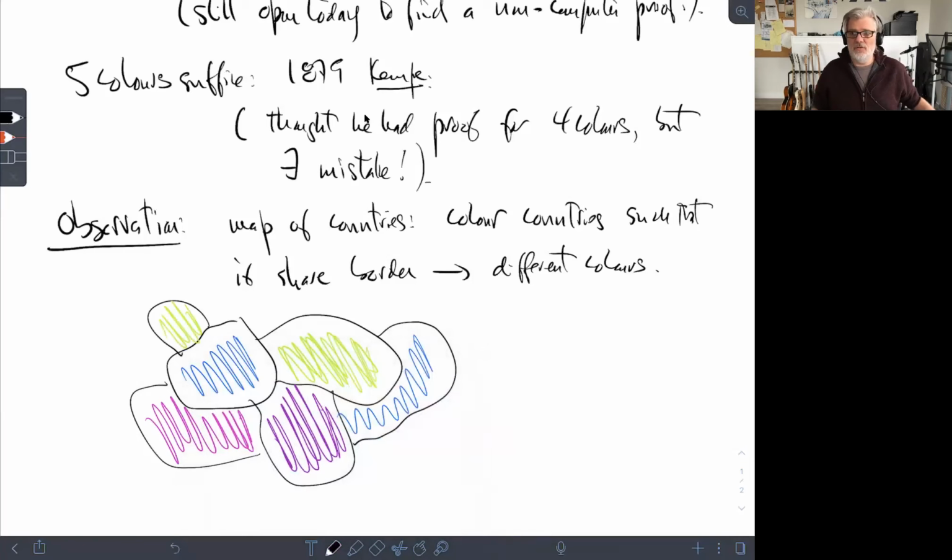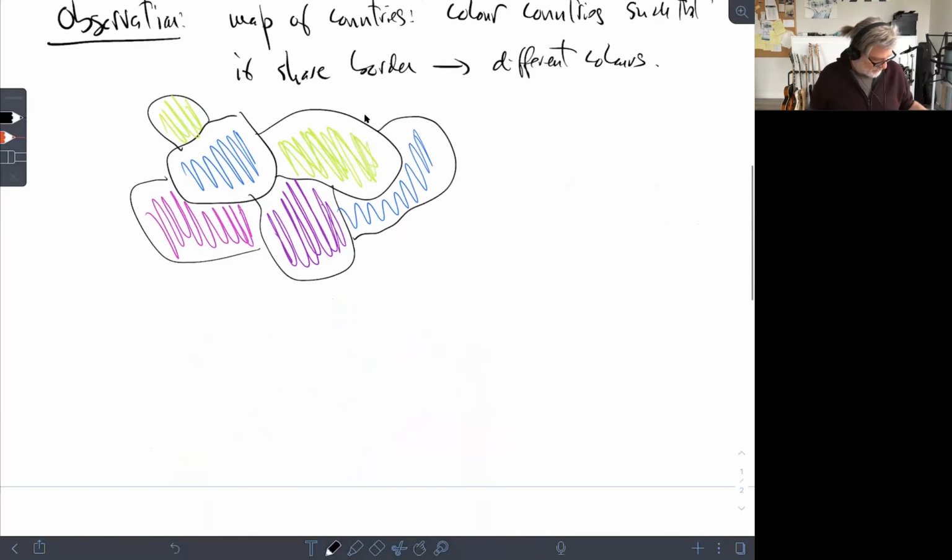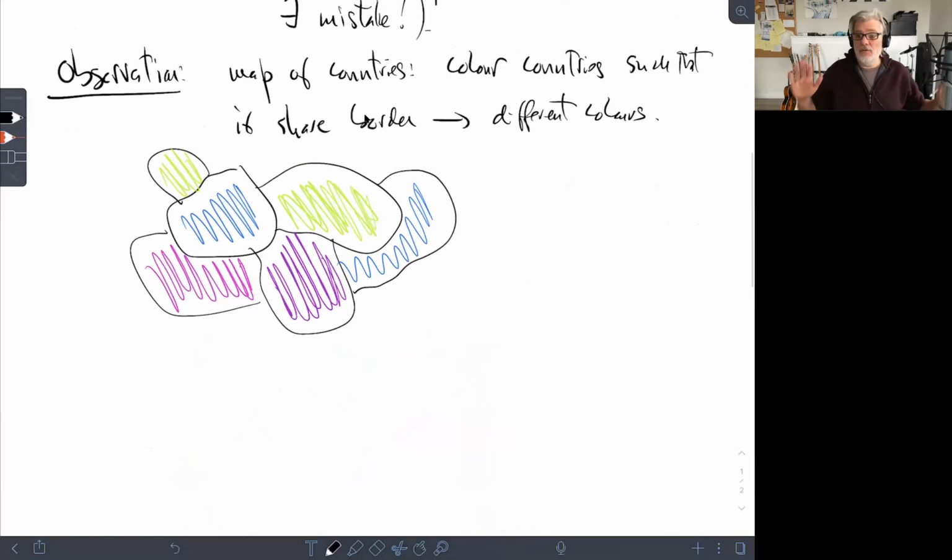Okay, so what does this have to do with graphs? Well, here's the connection. By the way, some of you right now are thinking, oh, but wait, some countries have disconnected parts and maybe they meet. Yes, there are all sorts of little tricky things that we have to deal with. Obviously, we're considering connected countries here, and there are all sorts of tricky little things that we have to take away to make this work. That's fine.